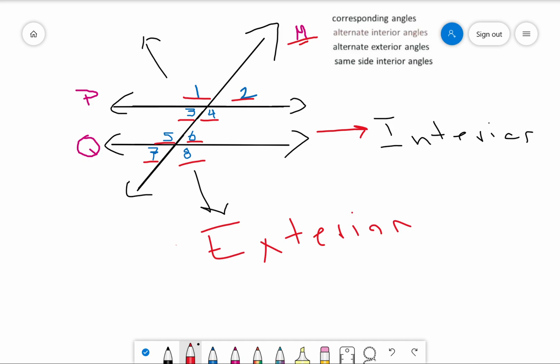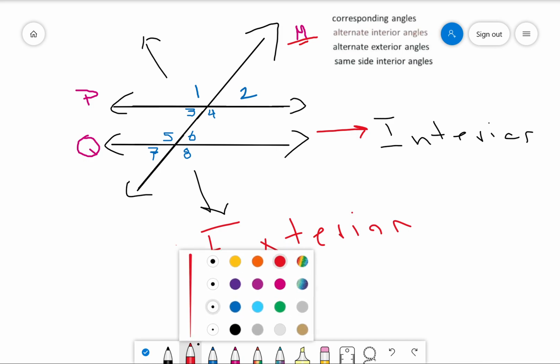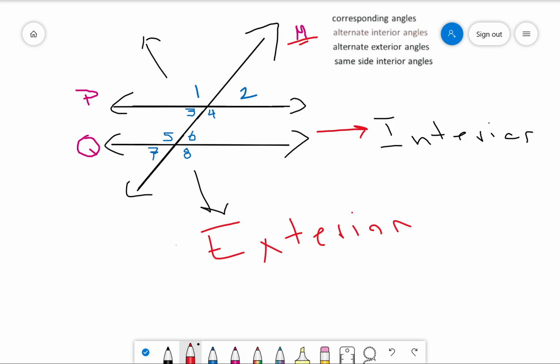Let's begin with corresponding angles. Corresponding angles are again congruent. Corresponding angles such as 1 and 5 are congruent, so they have the same angle measures. Corresponding angles lie on the same side of the transversal and on the same side of the intersecting line.